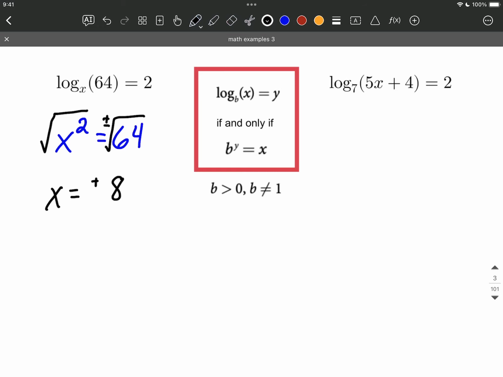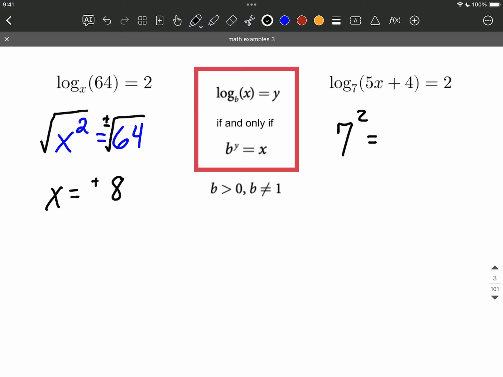For the one on the right-hand side, let's start out the same way. We're going to go from logarithmic form to exponential form. So start with the 7. It's going to work as the base in the exponential form. Now it kind of looks like 7 raised to what's on the inside of the parentheses, 7 raised to all that 5x plus 4, but remember, this is not going to look the same. Instead, it's going to be 7 raised to the second power.